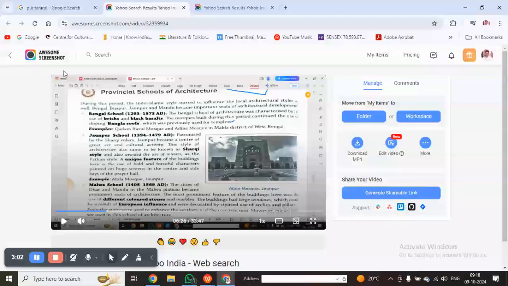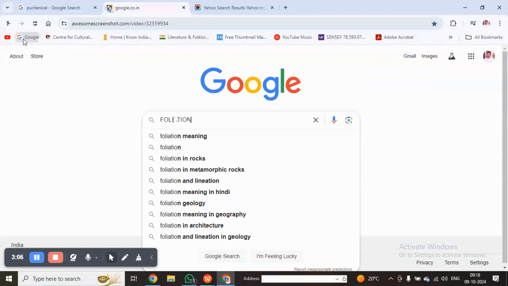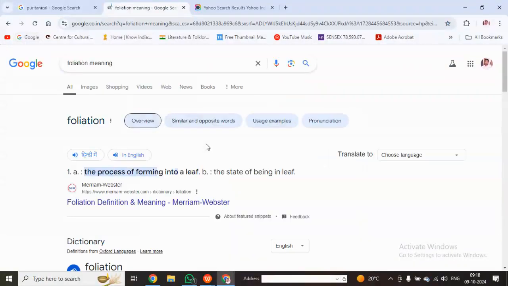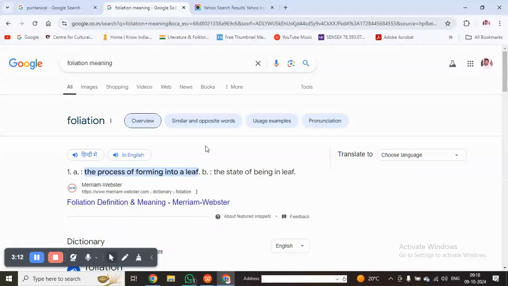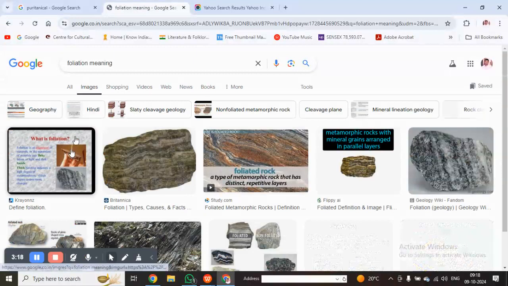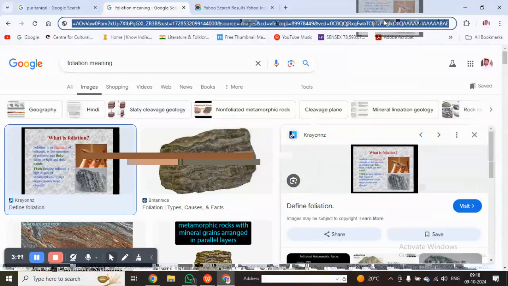The arches were decorated by the use of numerous foliations, forming into a leaf type of structure. Let us just see the images.